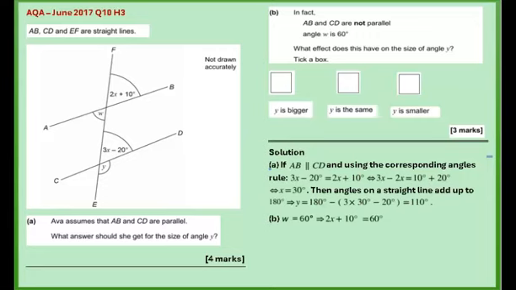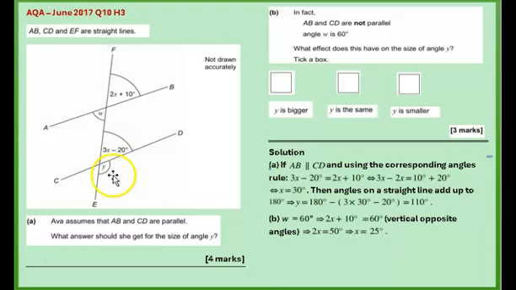From there we can find the value of x, which is x equals 25. Now we know this angle.